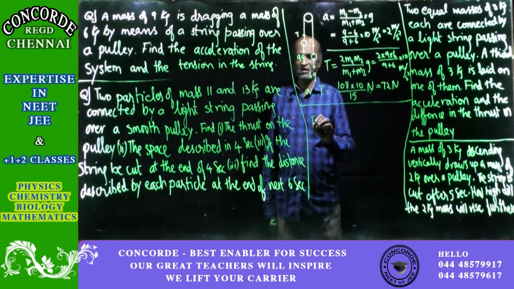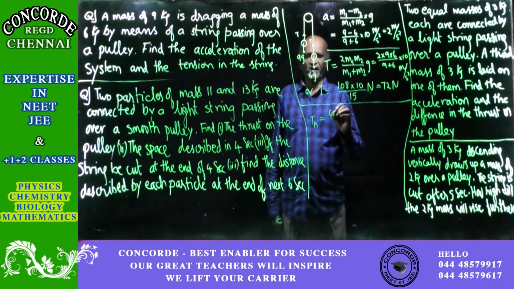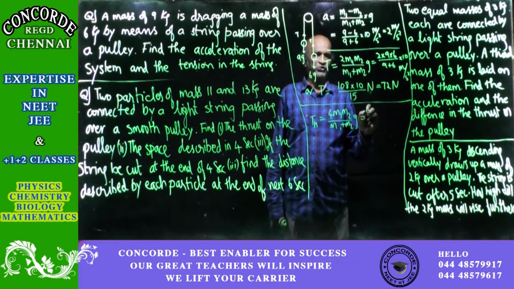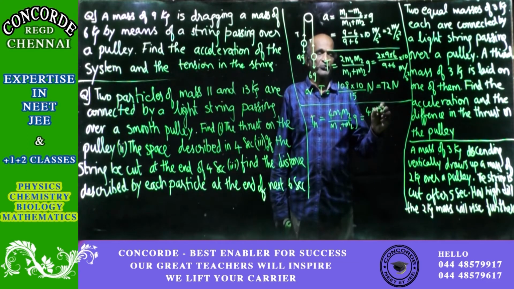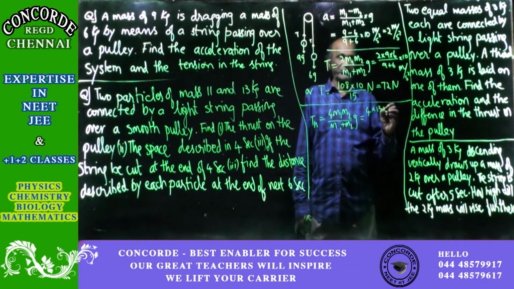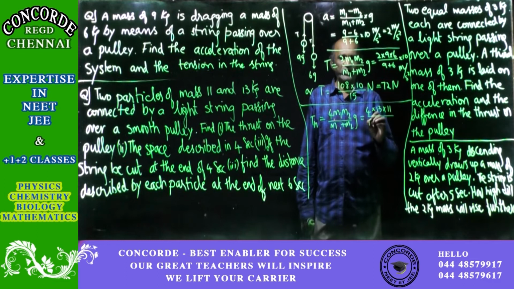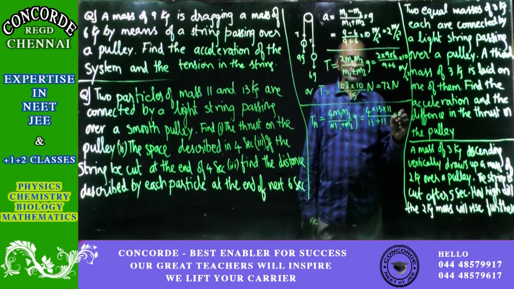So the thrust will be 4 m1 m2 divided by m1 plus m2, into g, so 4 into 13, taking the higher value as m1, into the other mass 11, dividing it by 13 plus 11, into 10.